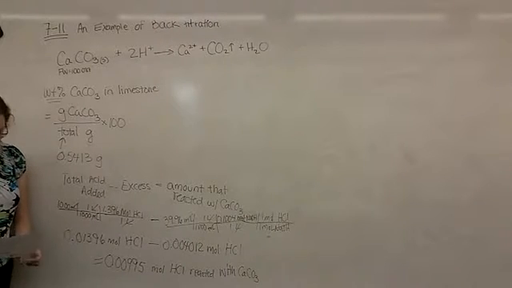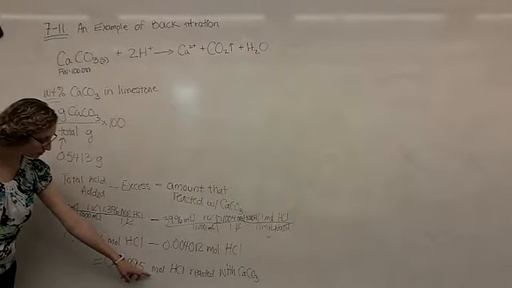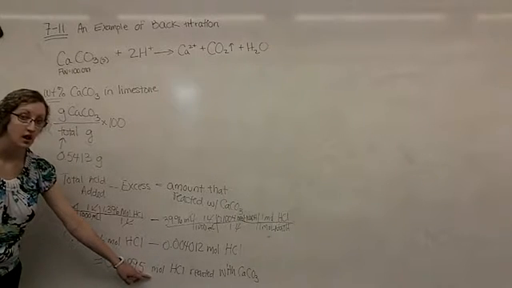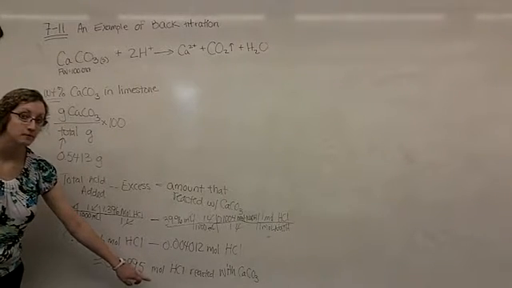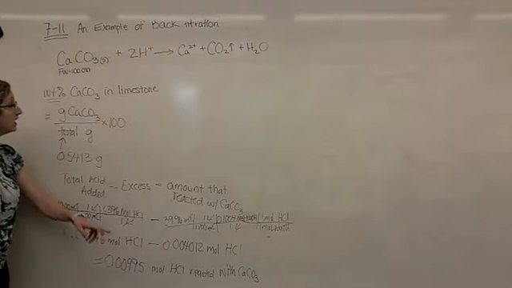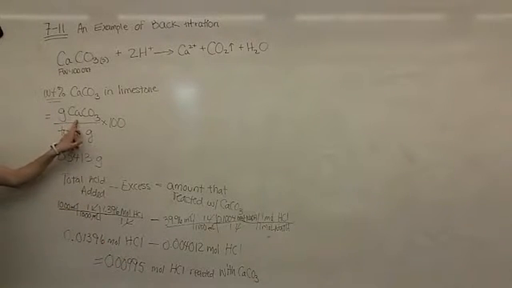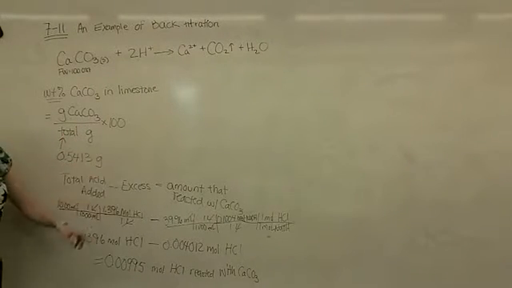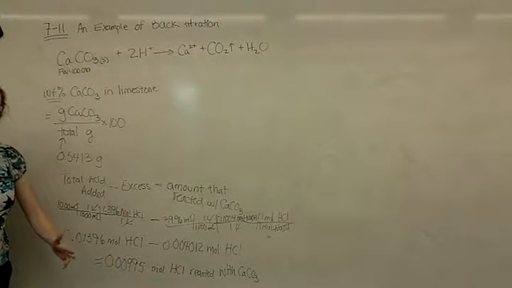So now we just have a couple more steps. We need to get from moles of hydrochloric acid to moles of calcium carbonate, then to grams of calcium carbonate. Then we plug it into our initial equation, divided by the total, which we already have, times 100, and there we go, we get our answer.